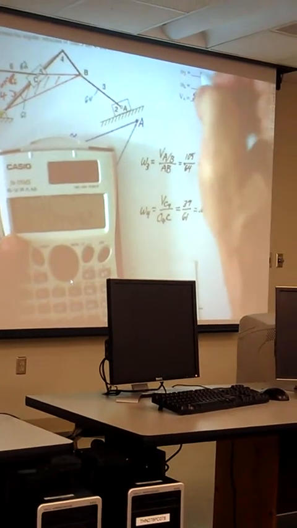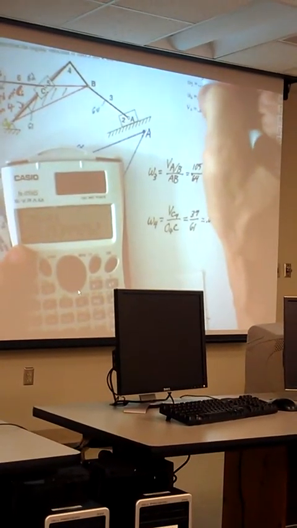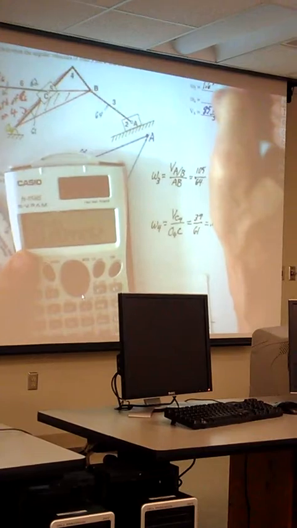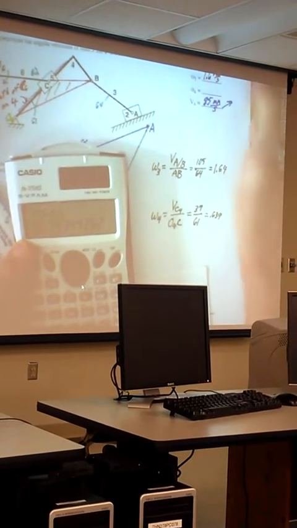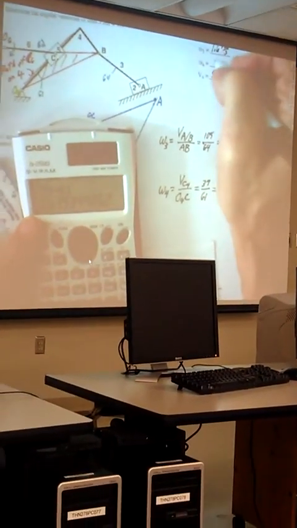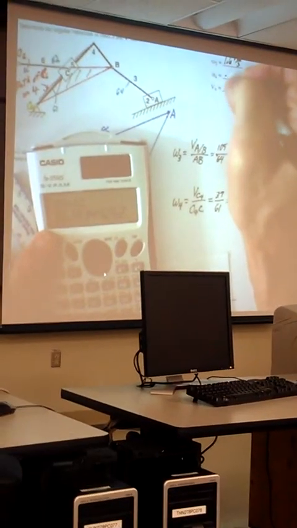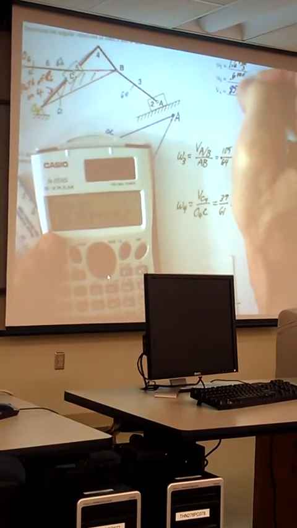So up here for omega 3, I'm going to put 1.6 radians per second, magnitude in units, and 0.6 radians per second. I need directions.